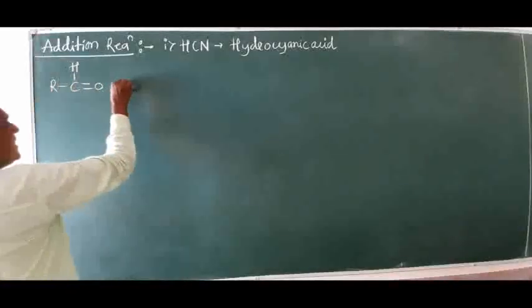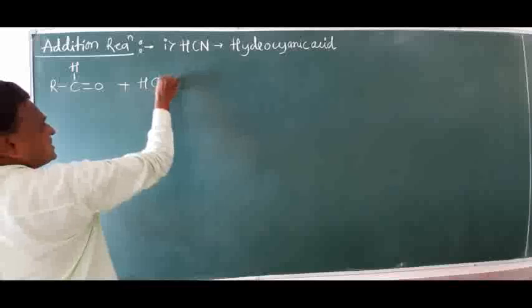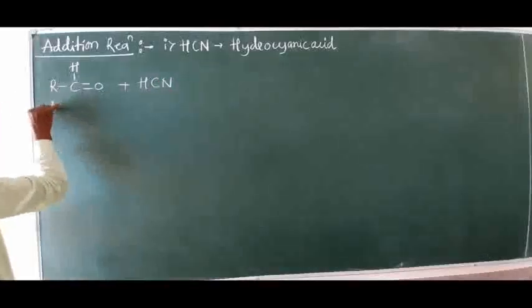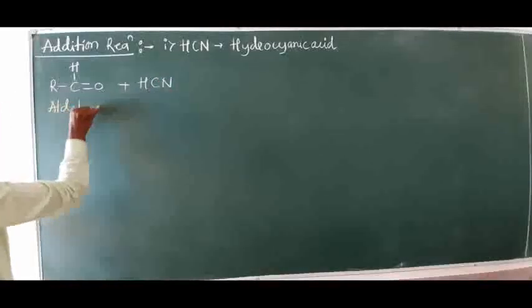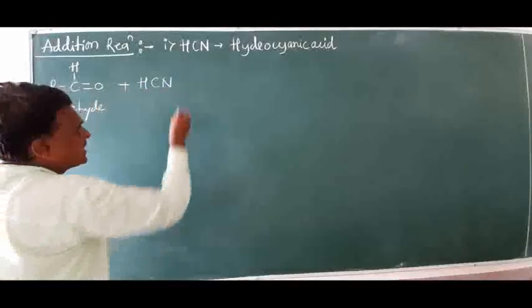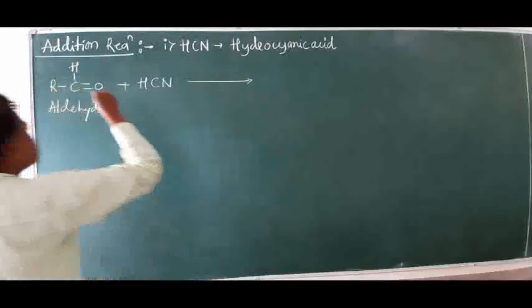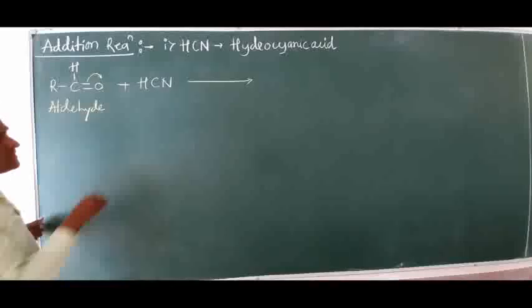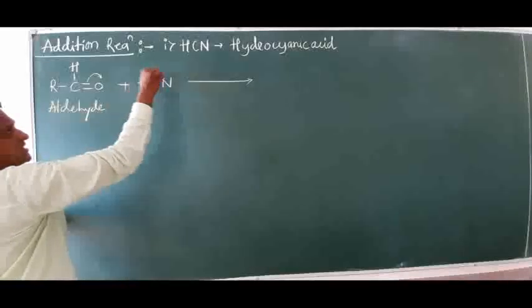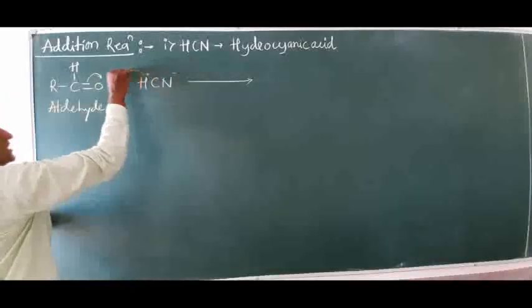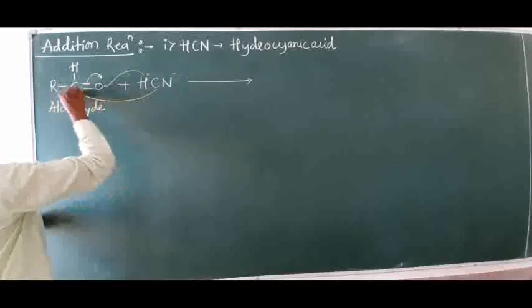When an aldehyde reacts with HCN, hydrogen cyanide, this is your aldehyde reacting with hydrogen cyanide. Yes, this is very simple, friends. This pi bond is cleaved. This H plus and CN minus, this O minus, this H is attached here, cyanide comes here.